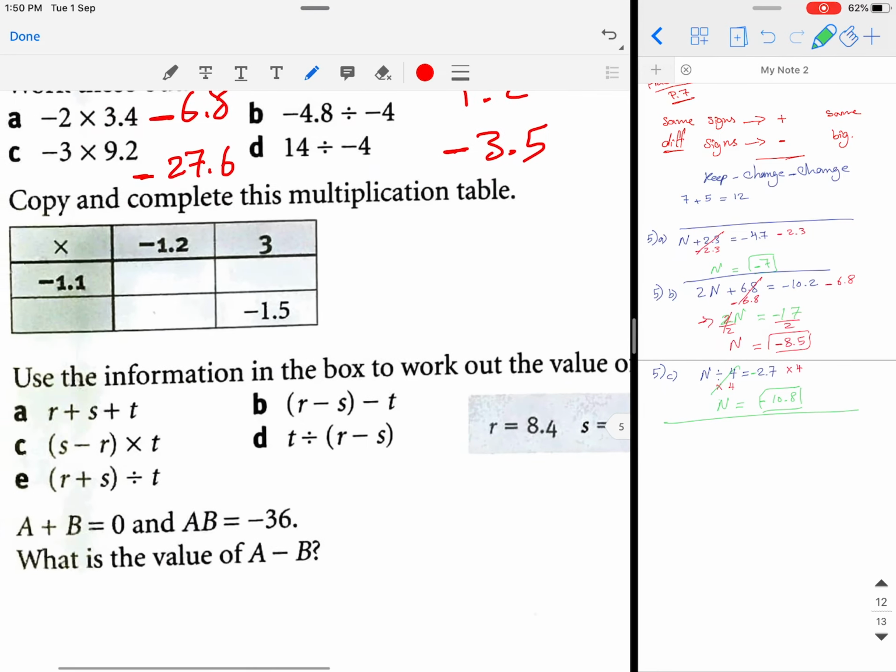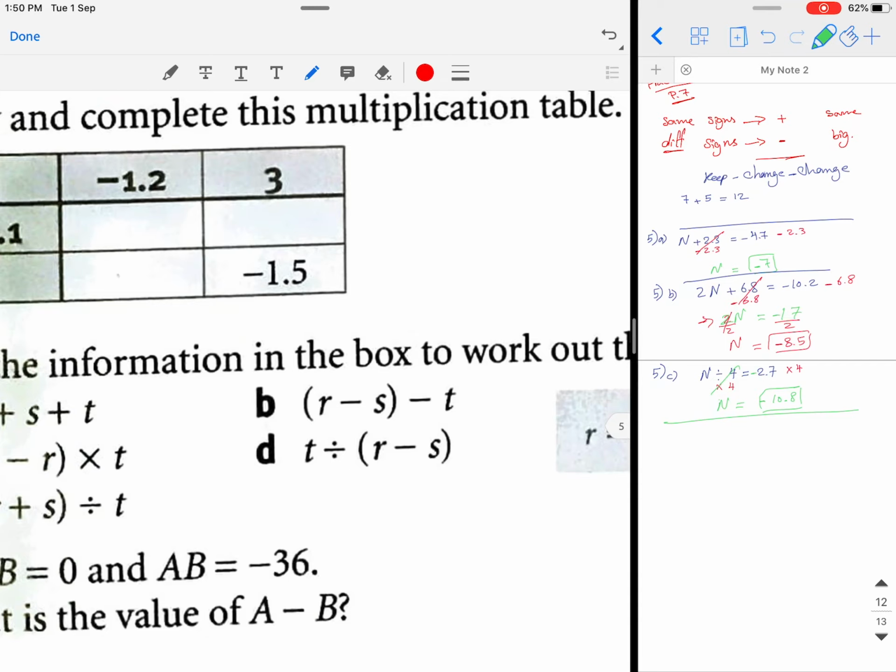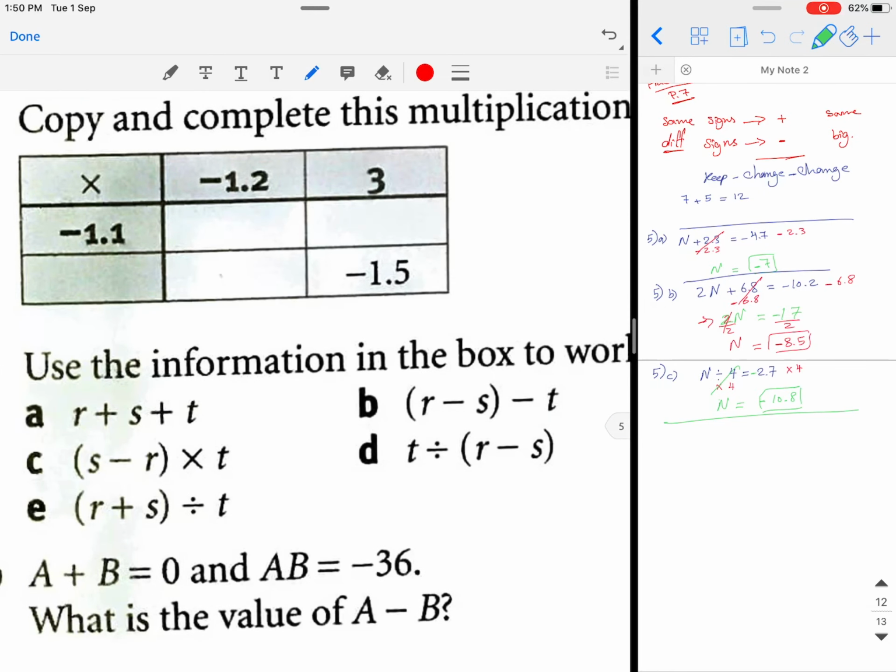Here, we have this multiplication table. I need to multiply negative 1.2 multiply negative 1.1 to get this box. It's the same like 12 multiply 11. 12 multiply 11 equal 132. But put the point after two digits because it's 1.2 and 1.1.